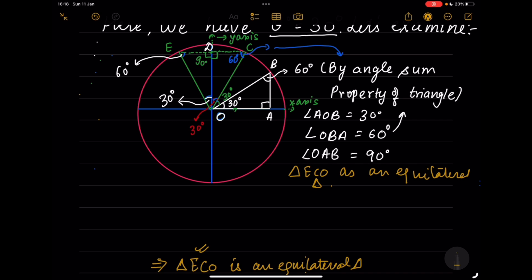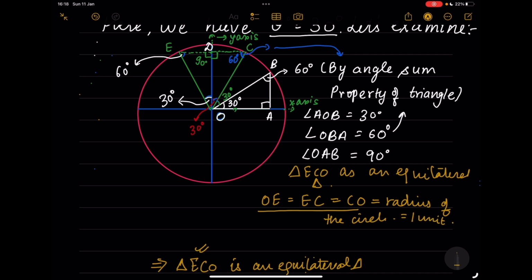Since this is an equilateral triangle, what do we get? We get OE is equal to EC is equal to CO, right? And we know that OE and OC, that is CO, is the radius. So this will also be equal to the radius of the circle, and we have taken this radius of the circle as 1 unit, right?